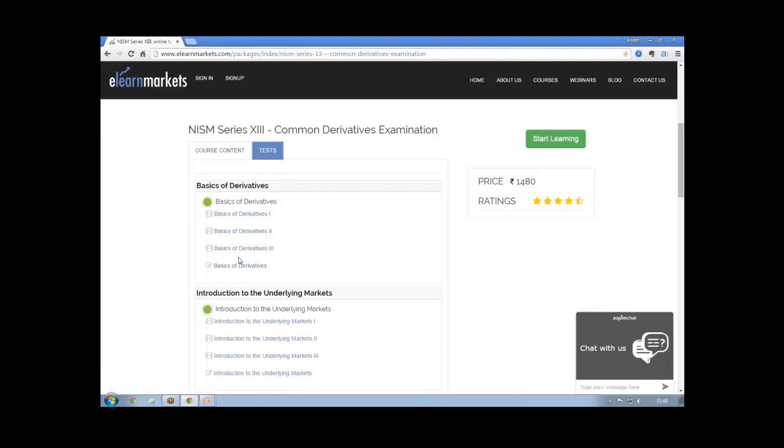And then at the end of each chapter, we have a preparatory set of questions, showing the different types of questions which we may see in the examination from this particular chapter.